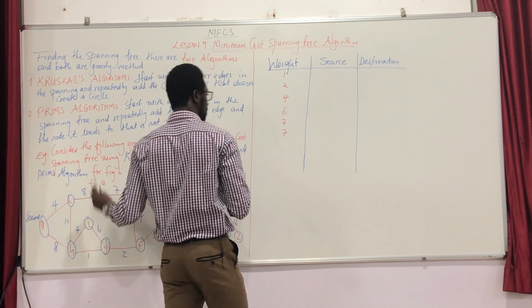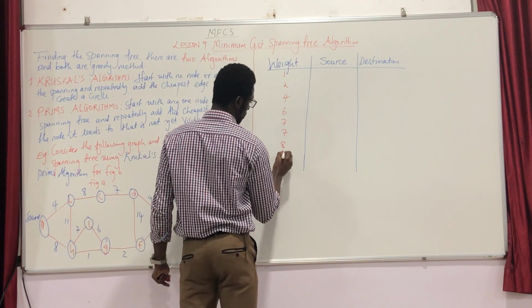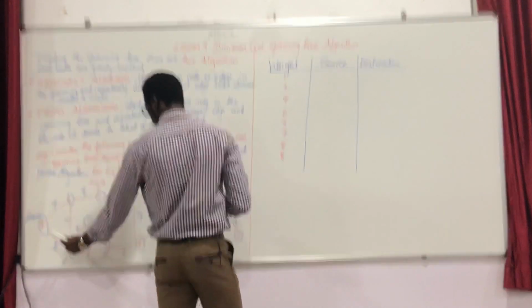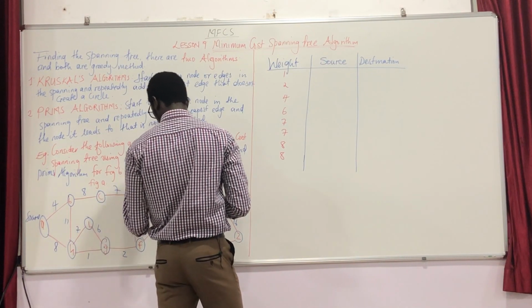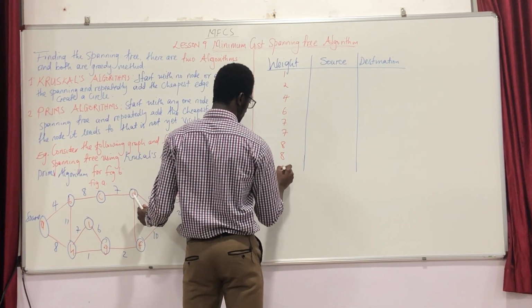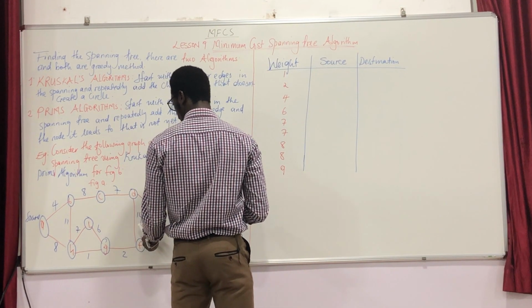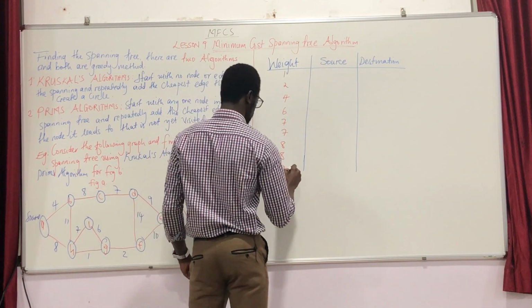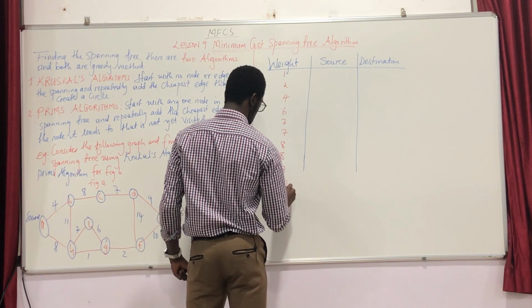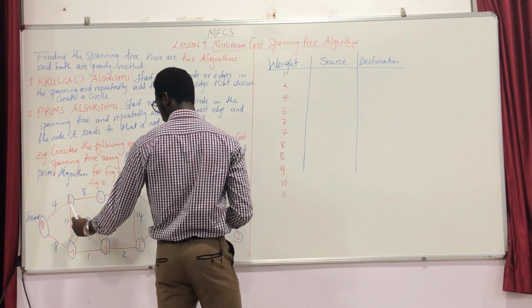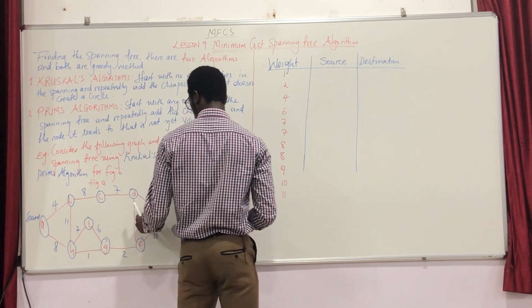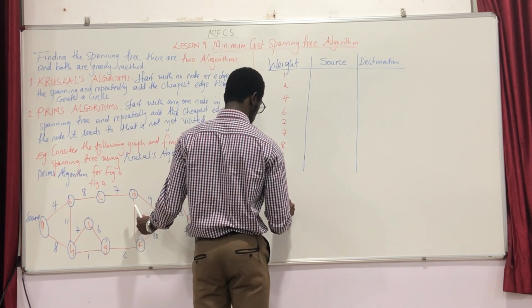We have 8, 8, 8, 8. Then we have 9, 10, 11, 11, then 14.